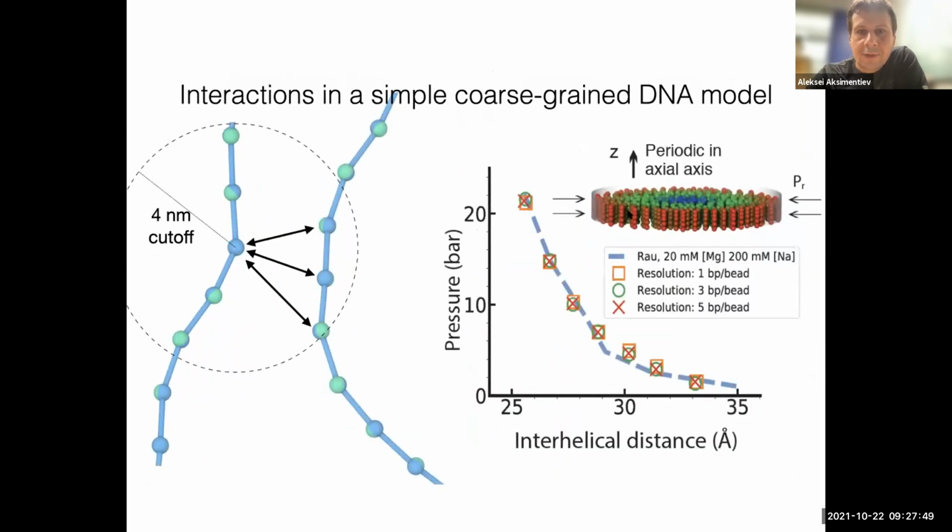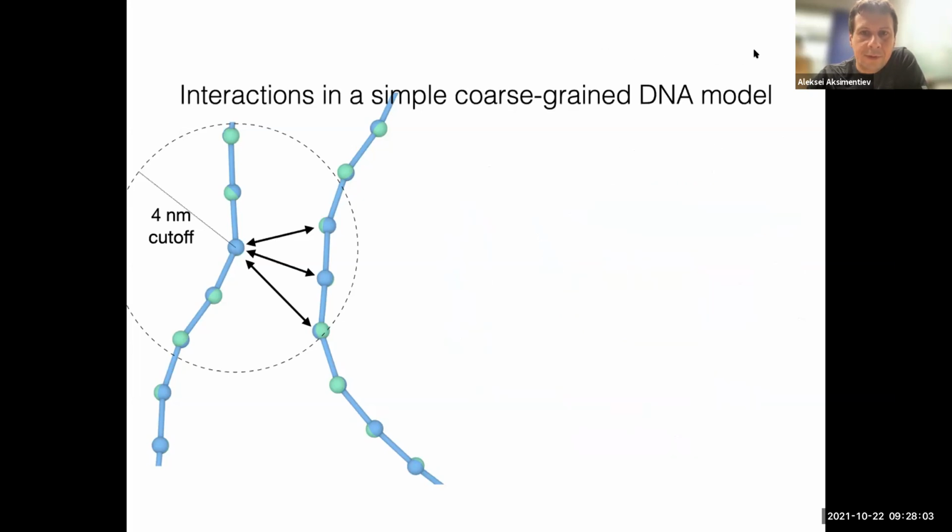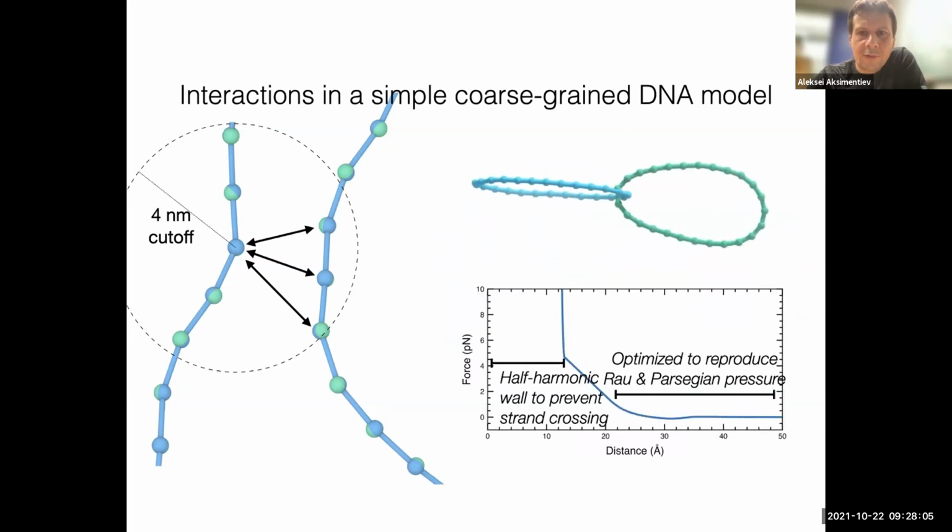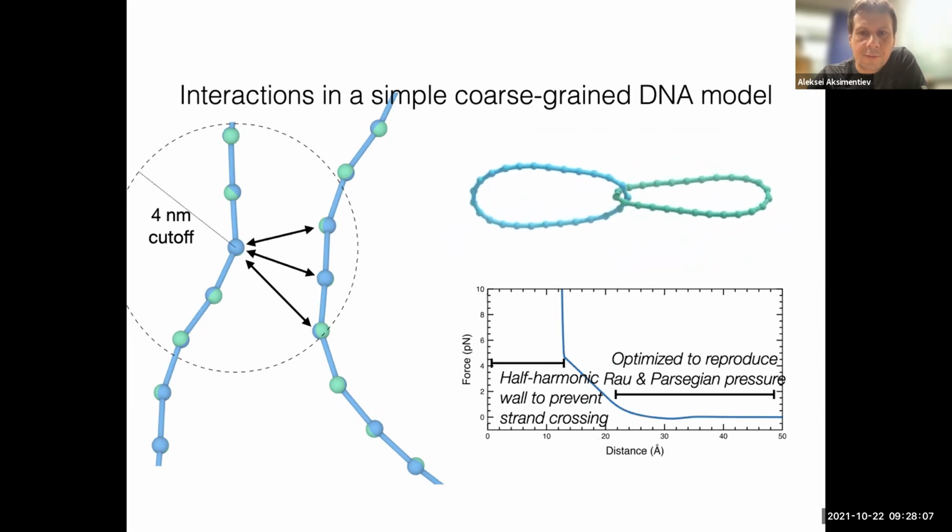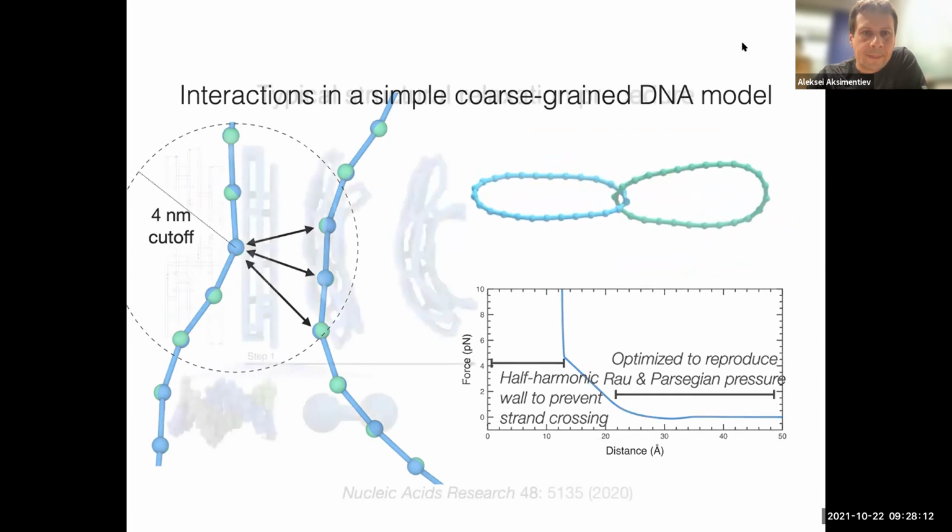Our non-bonded interactions are calibrated against all atom simulations and experiment, and regardless of the resolution of the model, we get the same forces between DNA. So it is a pretty good model. We also do not allow strands to cross, which you sometimes find in other coarse grain models.